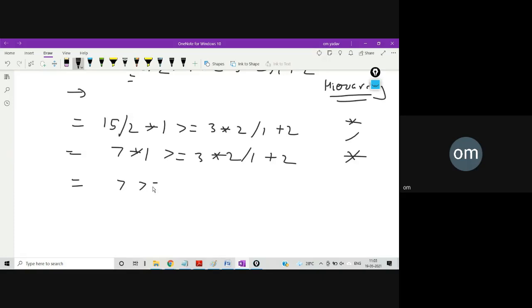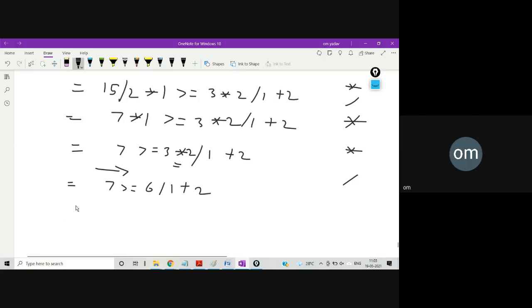It's moving in this particular direction. Now 3 into 2, 6 divided by 1 plus 2. Now this division is remaining, so 7 greater than or equal to 6 plus 2.